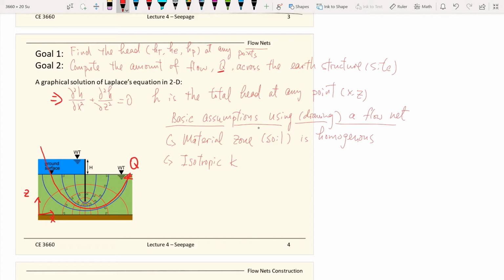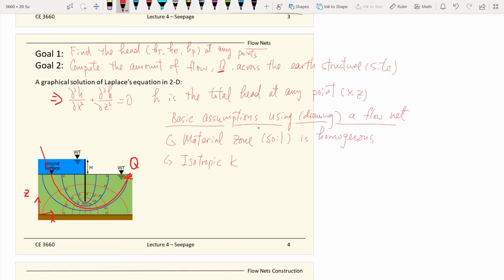It's layers after layers. So water seeping horizontally through the layers will be very different than going vertically. That's why, in the previous lecture, we talked about the equivalent hydraulic conductivities. You have two different formulations when you find the equivalent hydraulic conductivity for flow parallel to the bedding versus flow perpendicular to the bedding.